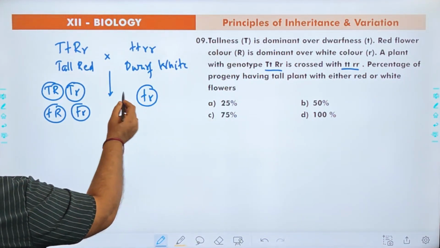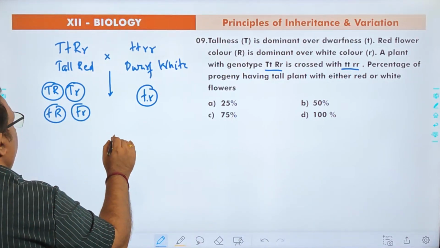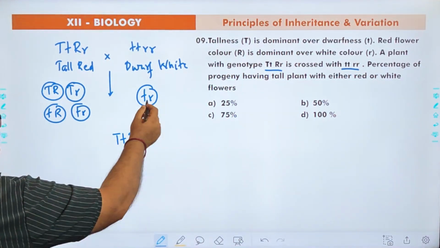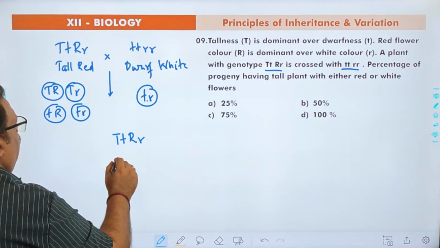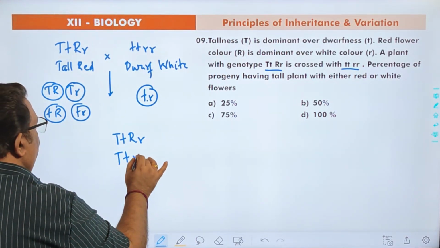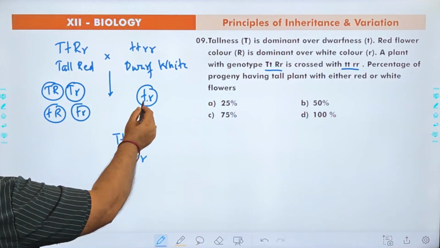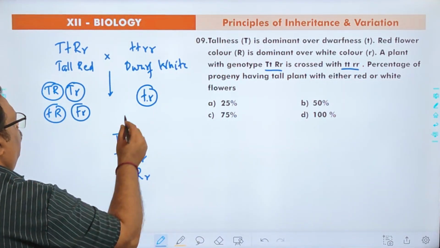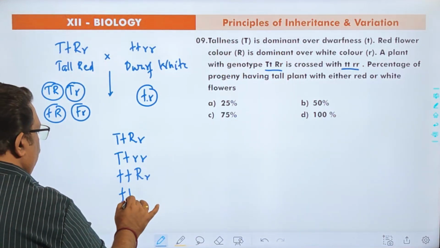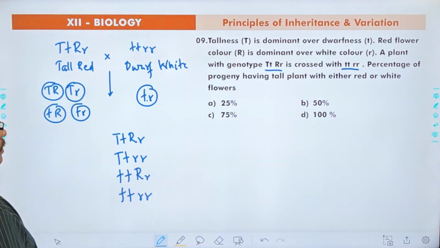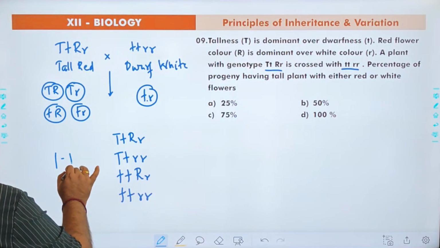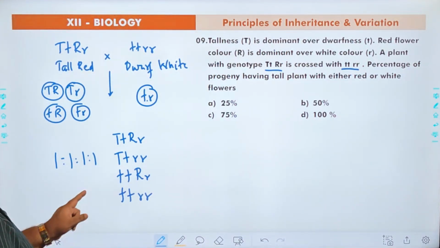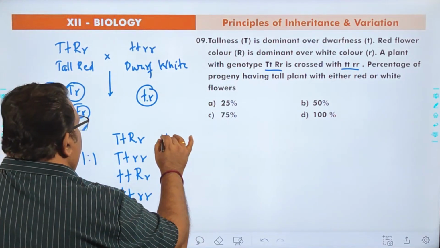Crossing gives capital T small t capital R small r, capital T small t small r small r, small t small t capital R small r, and small t small t small r small r, all in the ratio 1:1:1:1.